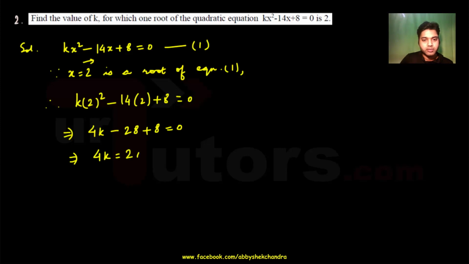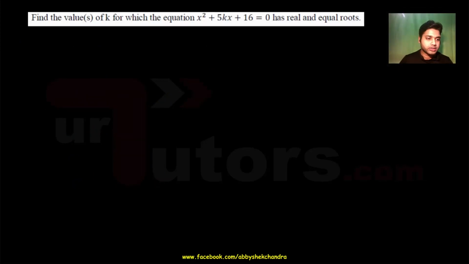We take it to the other side, becomes plus 20. So k will be equal to 20 by 4 equal to 5. Another option for question 2 is this.